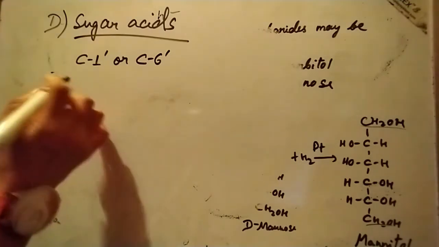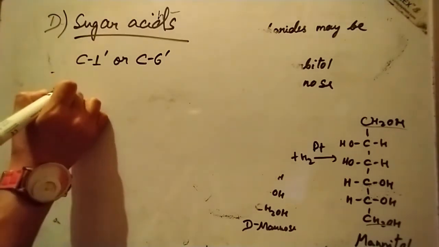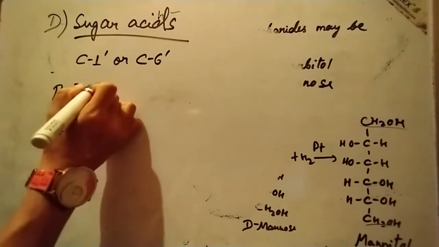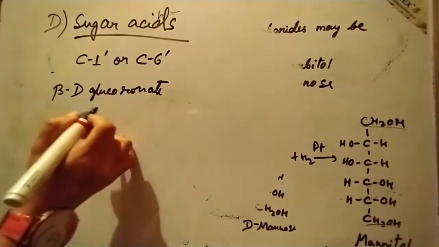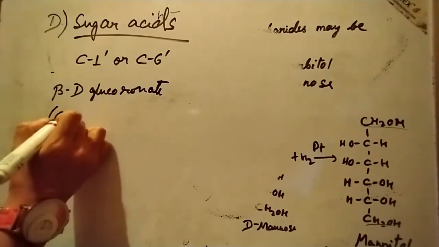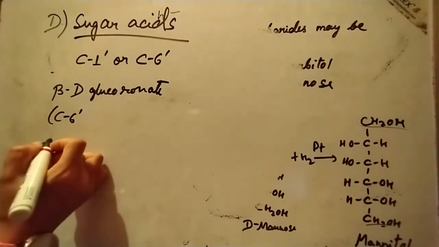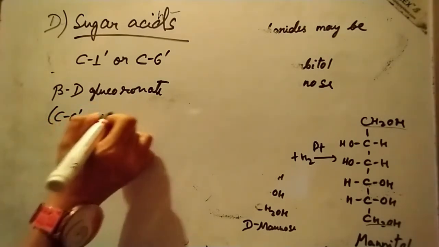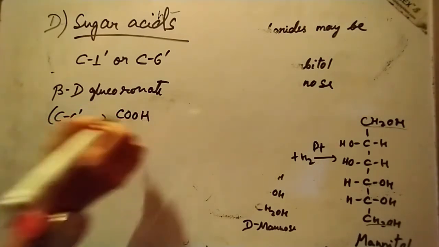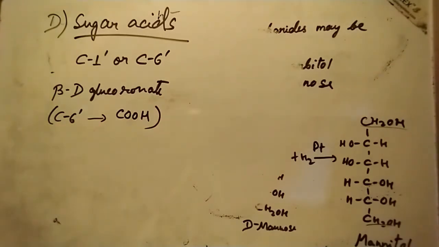Now the important ones are beta D-glucuronate, where at carbon number 6 the CH2OH group gets oxidized to carboxylic acid, COOH.